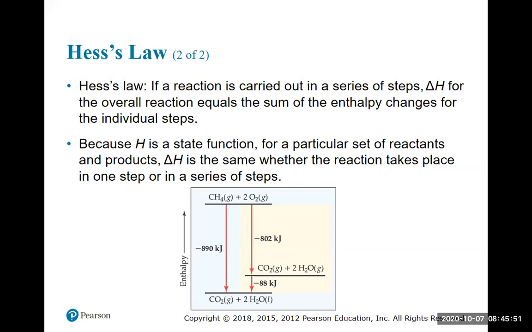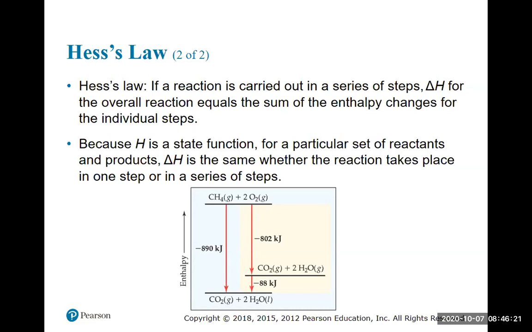So all that matters is the beginning and the end. It doesn't matter how we got there. Remember, we talked about that a little bit on Monday. The process of getting there isn't as important as the end result. And so through Hess's law, we know that whether it's a simple one-step reaction or a multi-step reaction, if we add up the H's in those, we should get to the same point.